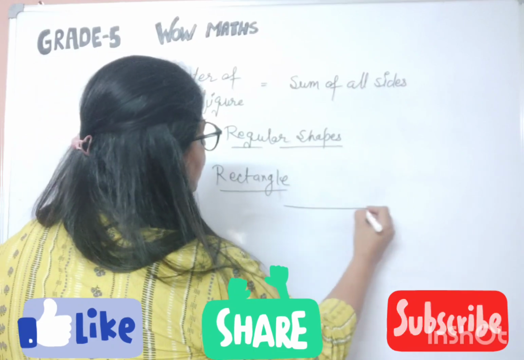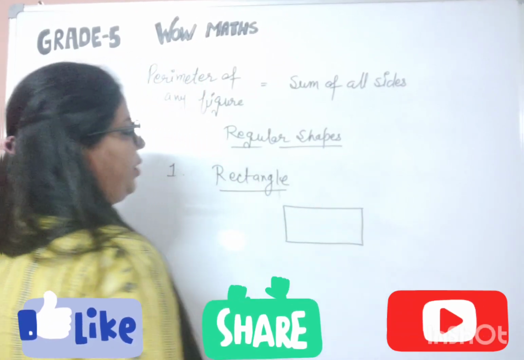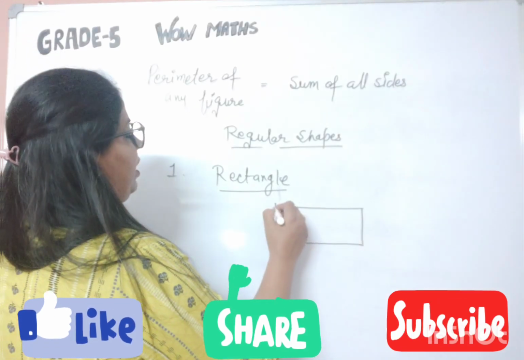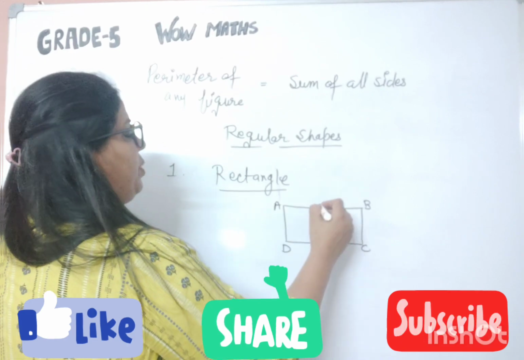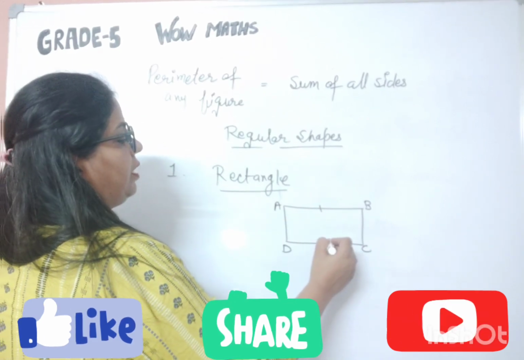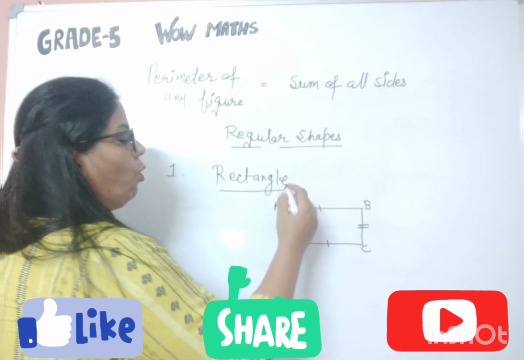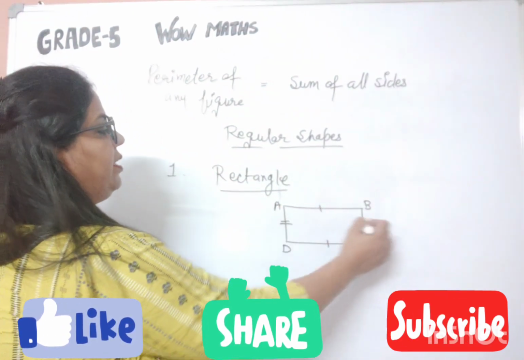As we all know, opposite sides of a rectangle are equal. If the rectangle is named ABCD, then AB is equal to CD and BC is equal to AD. The opposite sides of a rectangle are equal. There are two lengths and two breadths.